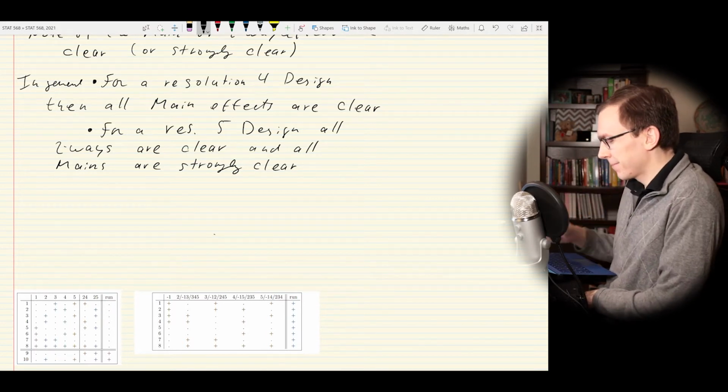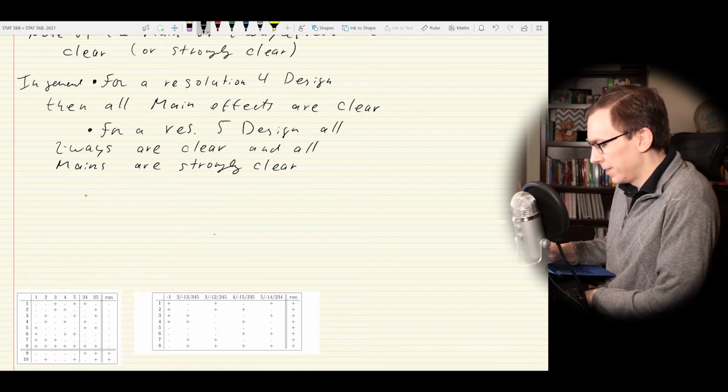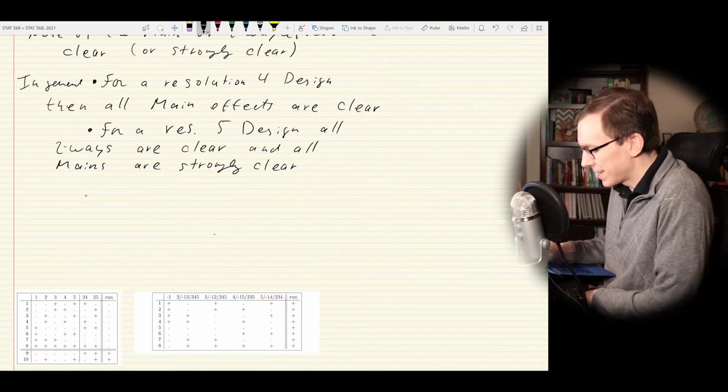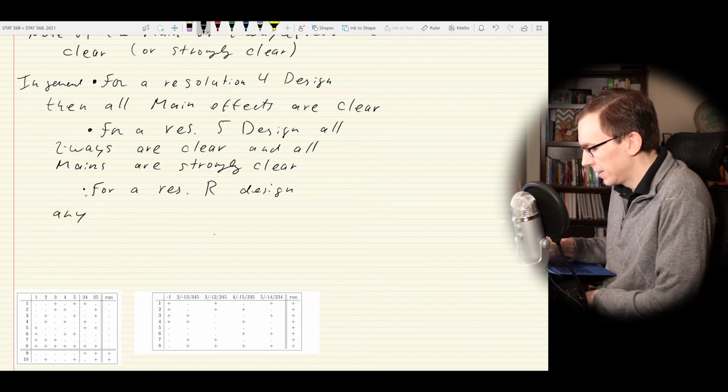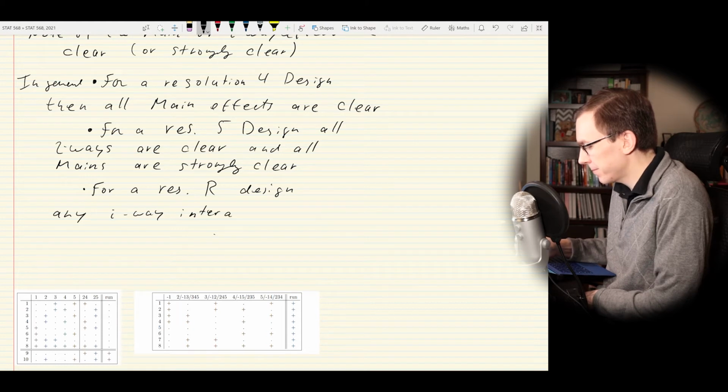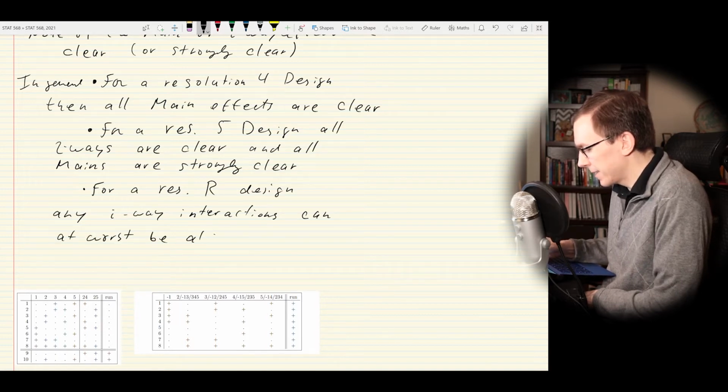But I'll say, in general, for a resolution R design, any I-way interactions can at worst be aliased with an R minus I way interaction.